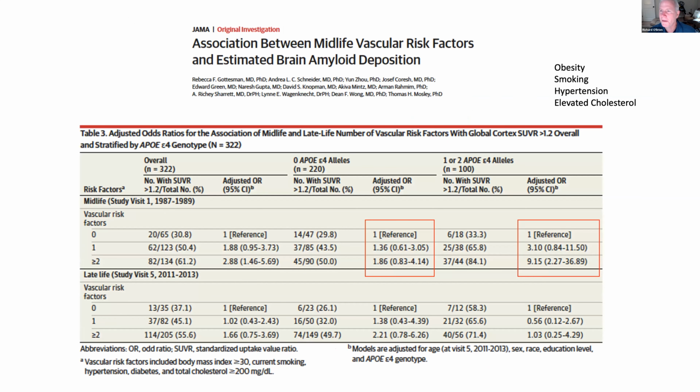Now, that was turned a bit on its head by Rebecca Gottesman, who did grand rounds here on this a couple of years ago. And I think it's a really important study, and I won't go too much into the details, but what Rebecca and her group found out was that midlife what she called vascular risk factors, but what I beg her to call metabolic risk factors, like smoking, cholesterol, high BMI, were important risk factors for amyloid accumulation in late life.